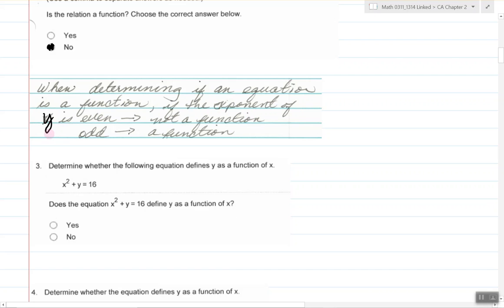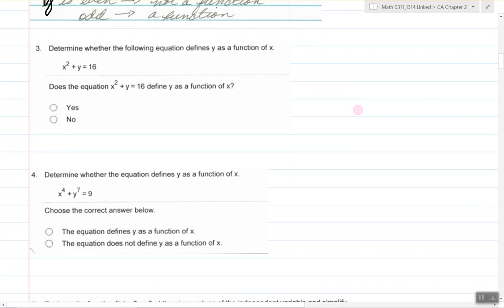If the exponent of y is odd, it is a function. Because we're always saying, is y a function of x? If the exponent of y is even and you tried to solve for y, you would have to use a plus or minus, and that would mean that there were different y's, that an x would correspond to more than one y.